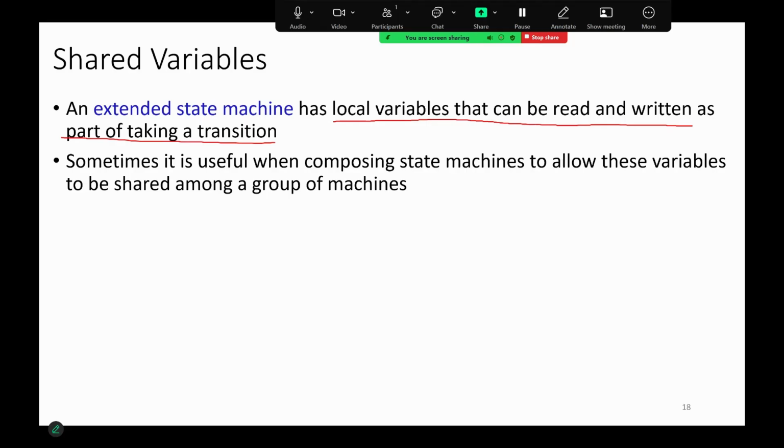It will result in a simplified state machine, but it takes some time to think about it. But the result is much simpler. So sometimes it's useful when composing a state machine to allow these variables to be shared among a group of state machines.